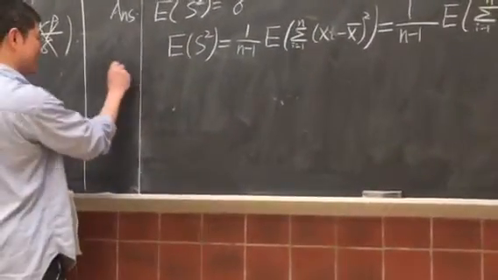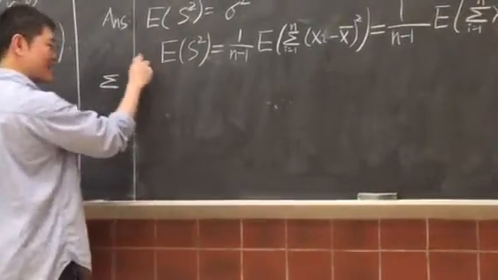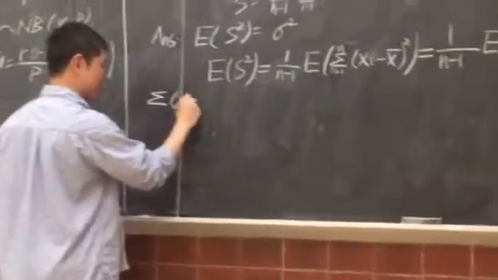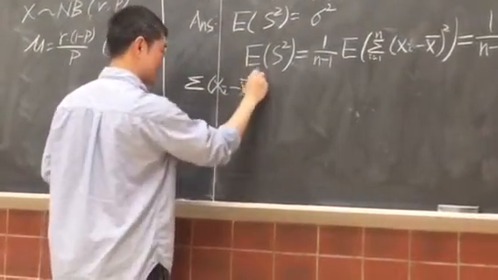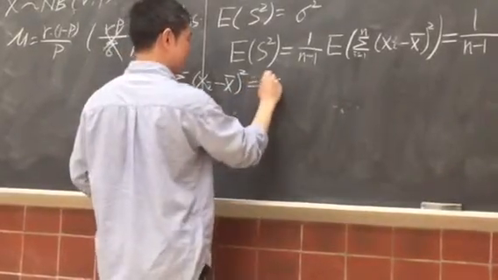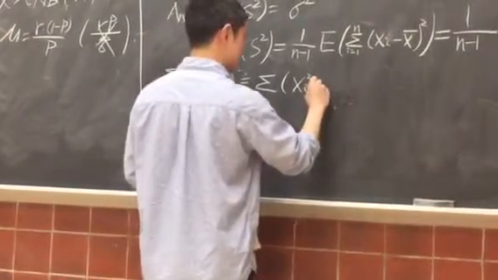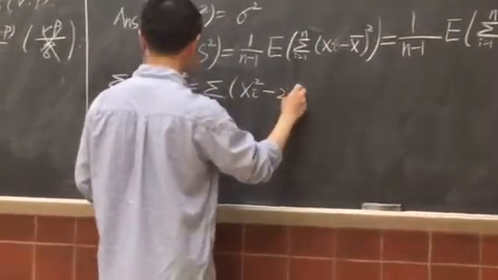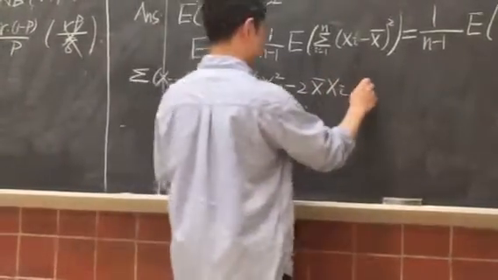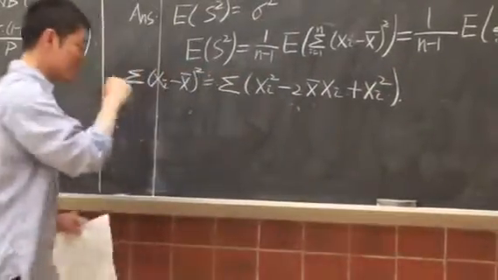So, summation, okay, I do not write i from 1 to n for simplicity. Xi minus x bar squared is what? The summation of xi squared minus 2 x bar times xi plus x bar squared.